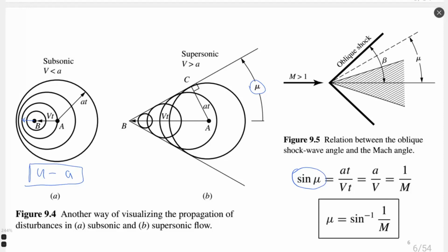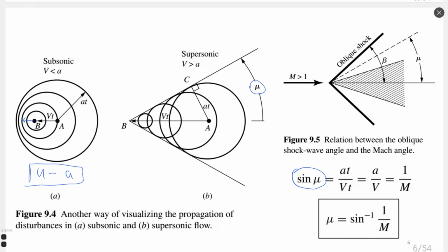We cancel time from numerator and denominator inside the equation, and we have just the ratio between speed of sound and velocity, which is a value inversely proportional to Mach number. So propagation of any disturbance in supersonic flow is described by the Mach angle, and this Mach angle is a function of Mach number.